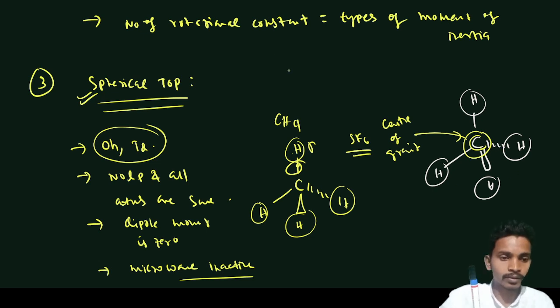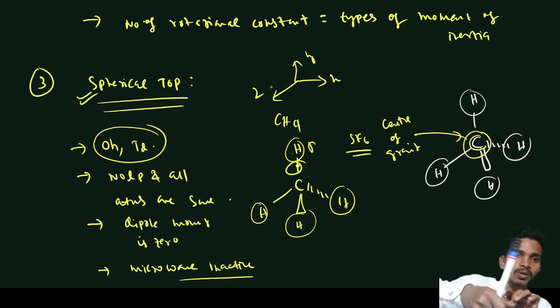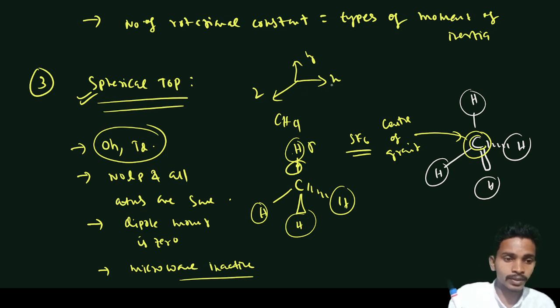So if I rotate along the x-axis, y-axis and z-axis, all four hydrogen atoms will rotate, except the carbon atom. They rotate similarly along the x-, y- and z-axes because these are all the same. So the dipole moment will be zero, and the tetrahedral and octahedral point groups fall in these spherical top molecules.